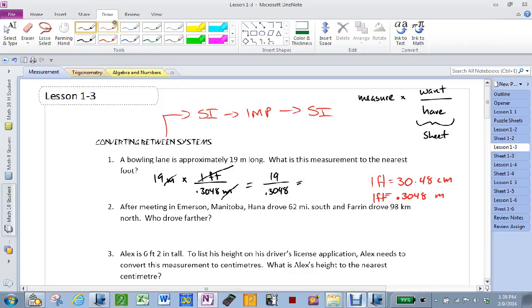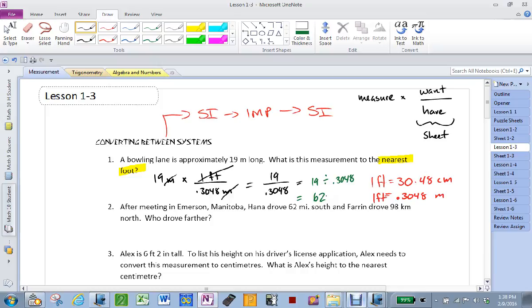What do you got to punch in? 19 divided by 0.3048. And what do you get? It's like 62.3 something, yes? But I wanted the nearest foot, so we rounded it to 62. Is everyone cool? It's not different, is it?